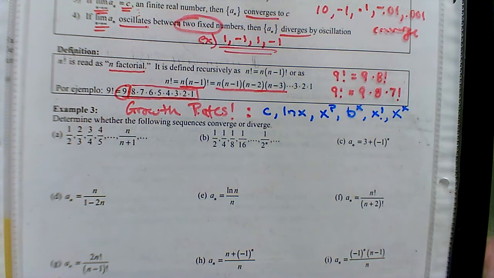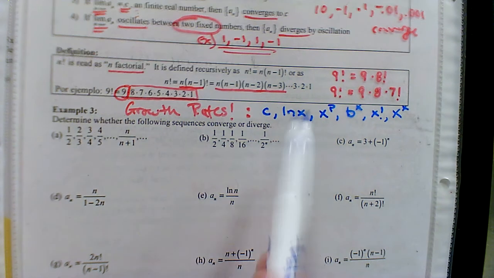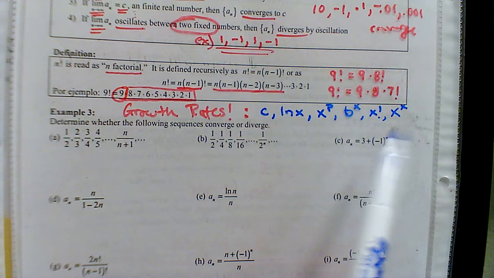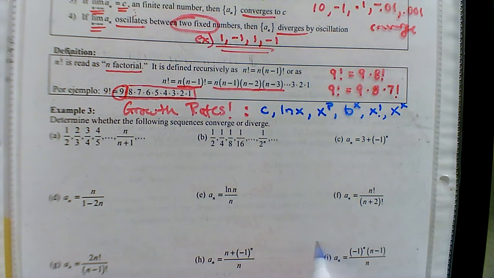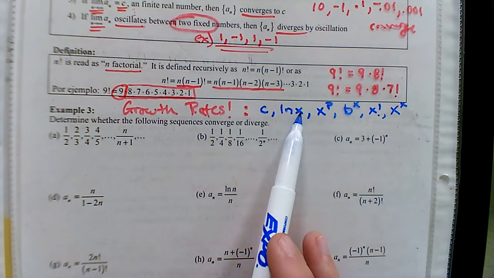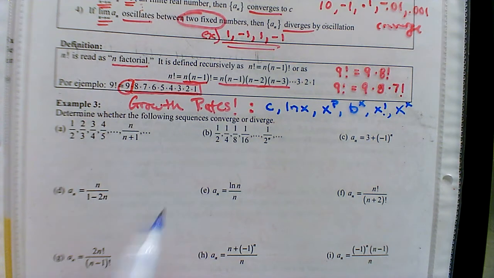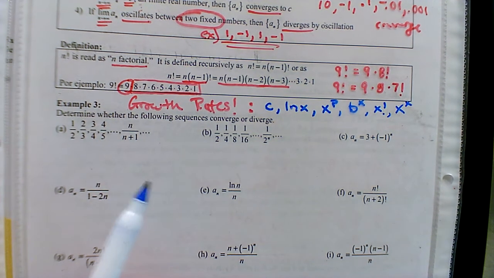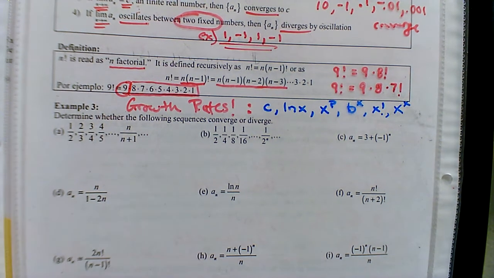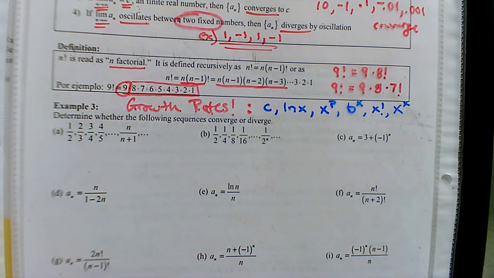That's the factorial. So this is what the growth rates looked like in terms of functions when we were working with those integrals. If you were to change the x's to n's, that's what they're going to look like for these rules, because we're working with integer values instead of x values, which could technically be anything.